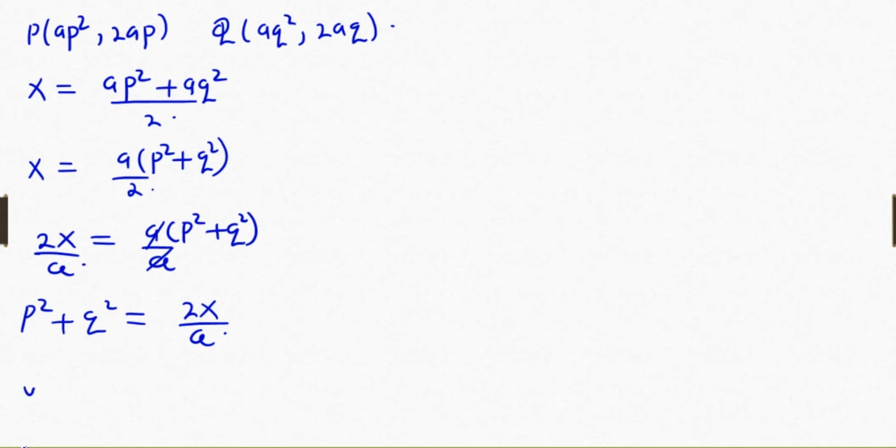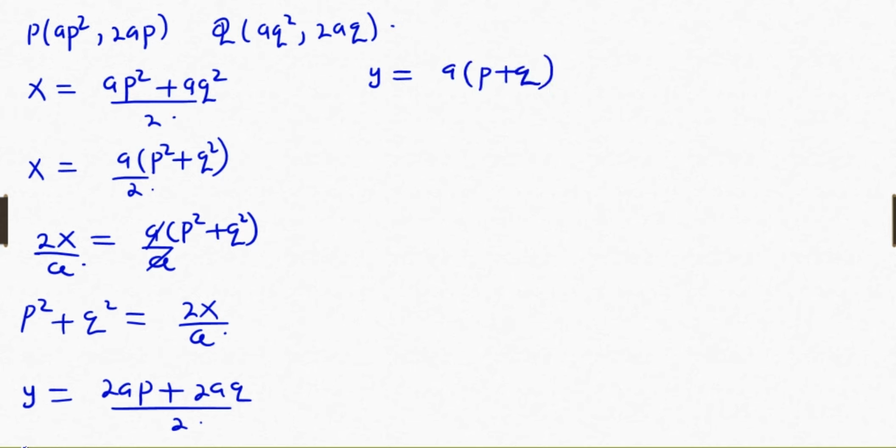Now we need to find the midpoint at y. So we shall say y is equal to 2ap plus 2aq, everything divided by 2. So we shall be left with y equal to a into p plus q. Okay, so we divide by a. So y out of a is equal to p plus q.